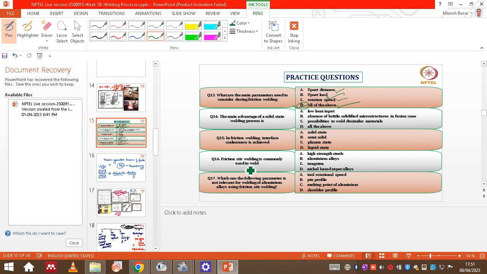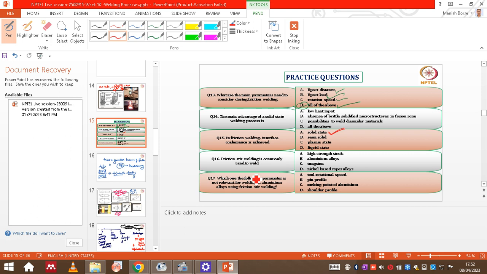I think questions 14, 16, and 17 we will discuss again. Maybe we will finish the questions related to friction welding first. Friction welding interface coalescence is achieved by solid state welding, right?